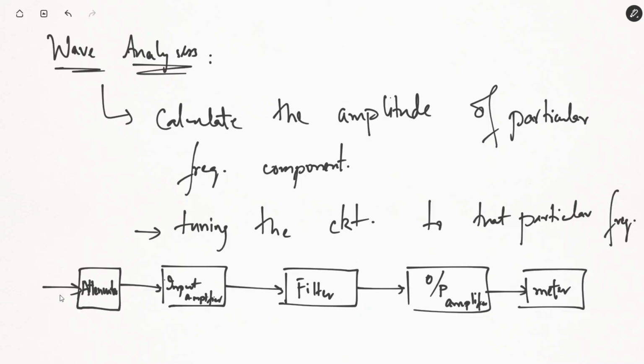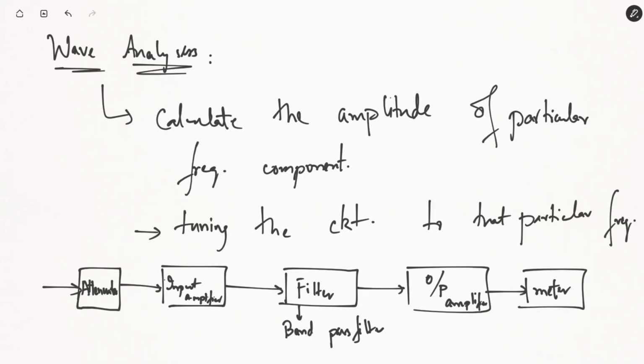Then we can pass it to a filter. So this filter will be a band pass filter. Fine, so a band pass filter means that you are selecting one particular frequency component while rejecting all other frequency components. So we'll be passing it through a band pass filter, and then this filter will be passing on the signal to an output amplifier.